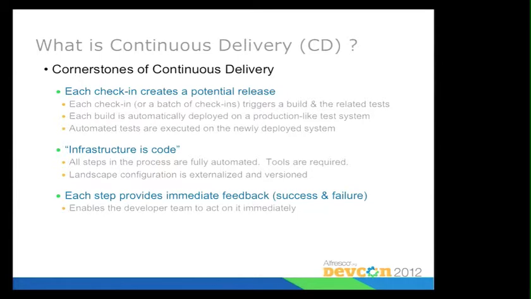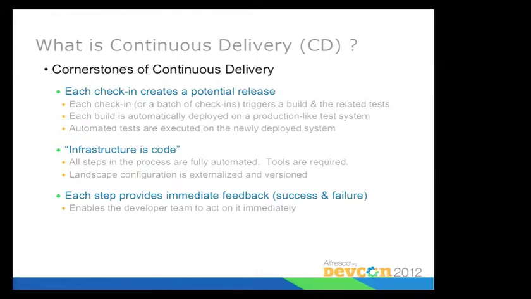So it enables developers and the whole team to act on it immediately and to correct all these failures as they happen. This is a big difference from the usual QA cycle where things get tested a long time after they have been developed and where you might not really know what you have done at that point anymore.